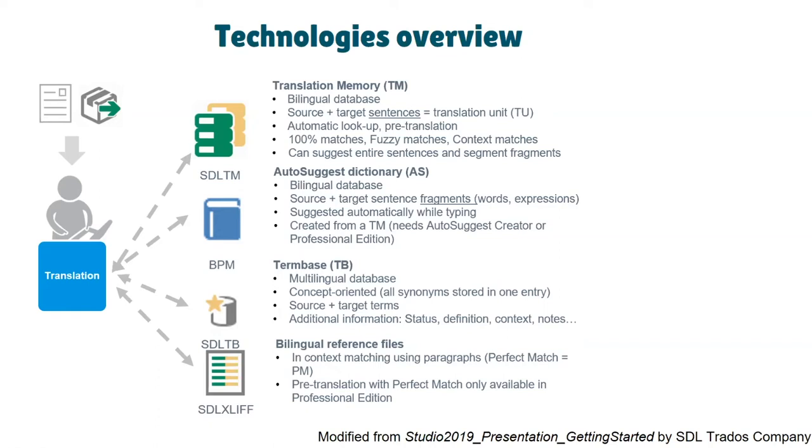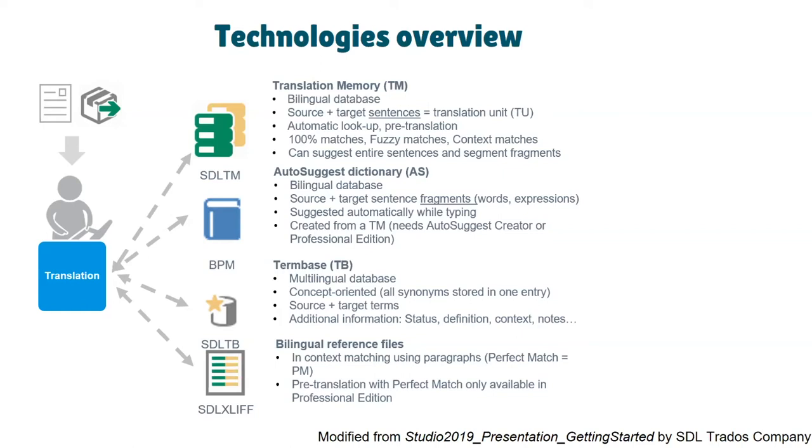In translation memory, we can do automatic lookup, and we can also have pre-translation. According to different matches, we have 100% matches against the translation memory. We can also set fuzzy matches and context matches.